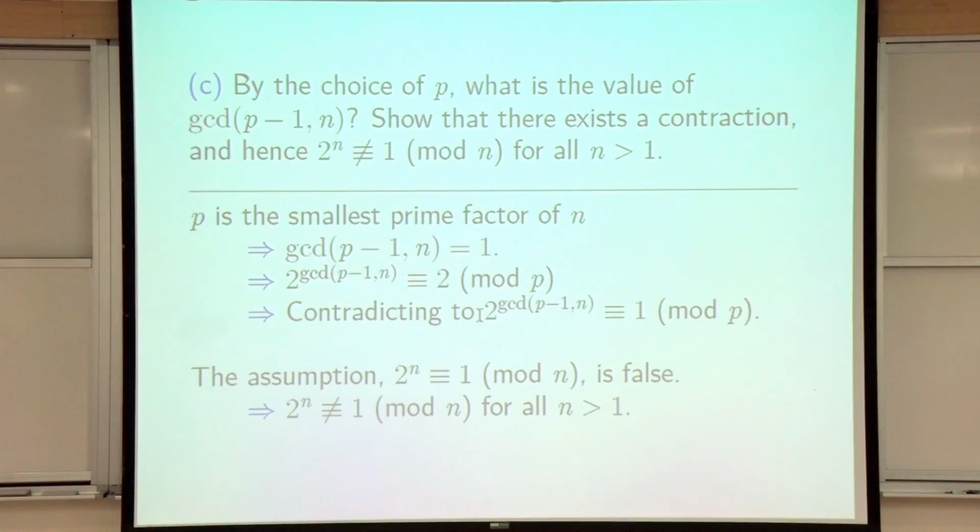But by part B, we get that 2 to the power GCD(p minus 1, n) should be congruent to 1. So these two things contradict each other. So the assumption we made first, 2 to the power n congruent to 1, should be false. That means 2 to the power n should not be congruent to 1 modulo n.